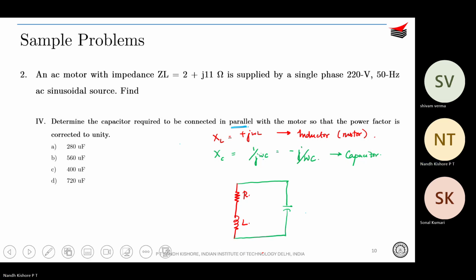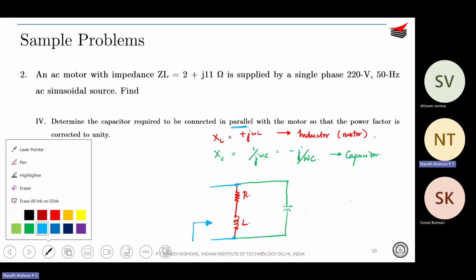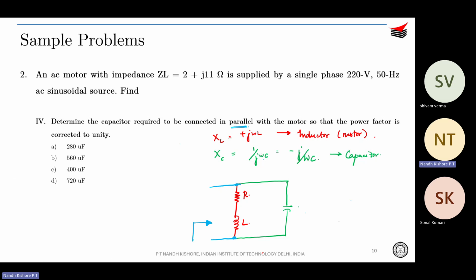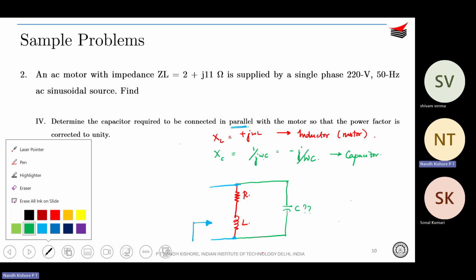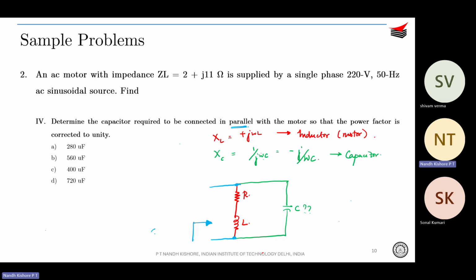Now they are asking what should be the value of the capacitor so that if I see from here, I should see a net resistor, so that Z is purely resistive.